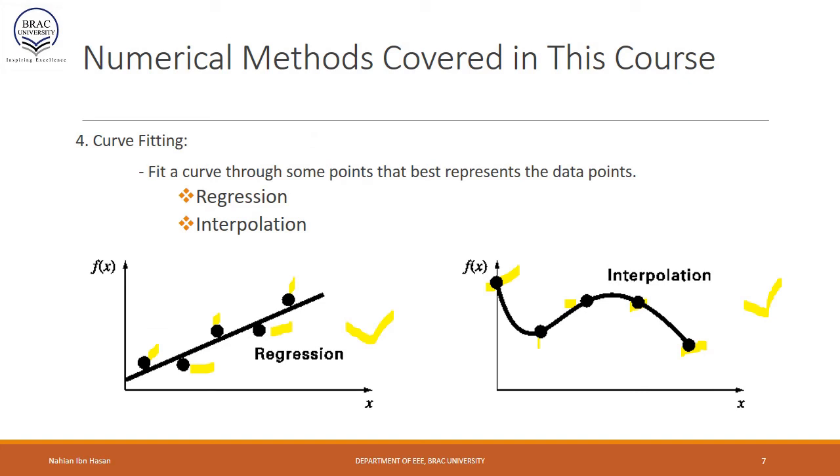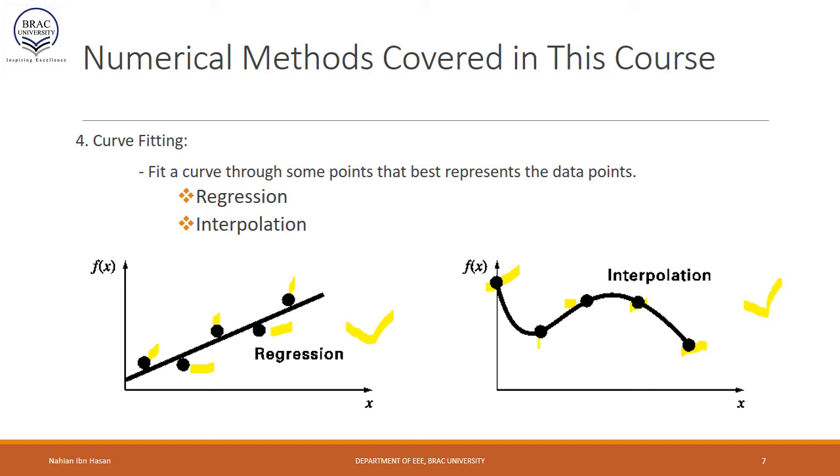There are two types of curve fitting that we are going to learn. First one is regression and the second one is interpolation. There is a basic difference between regression and interpolation. So tell me, can you realize what the differences between regression and interpolation are by seeing those graphs? It's very obvious that in regression, the fitted curve does not necessarily go through each of the points.